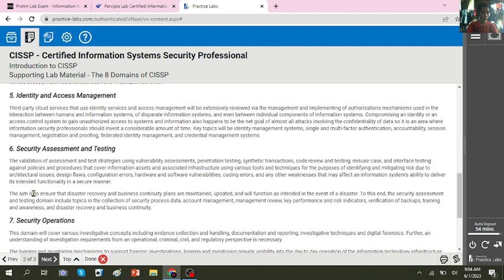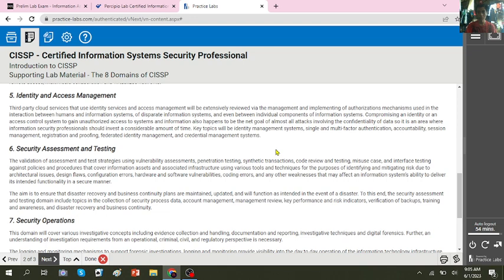Number 5, identity and access management. Third-party cloud services that use identity services and access management will be strictly reviewed via the management and implementation of authorization mechanisms used in the interaction between humans and information systems, of disparate information systems, and even between individual components of information systems.